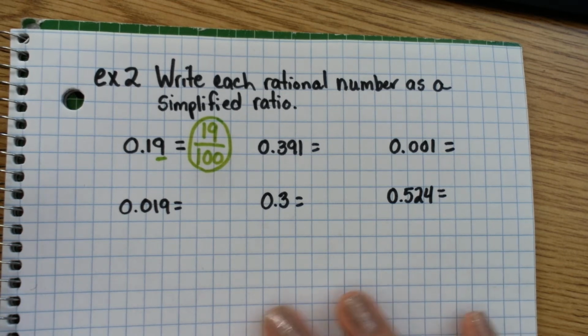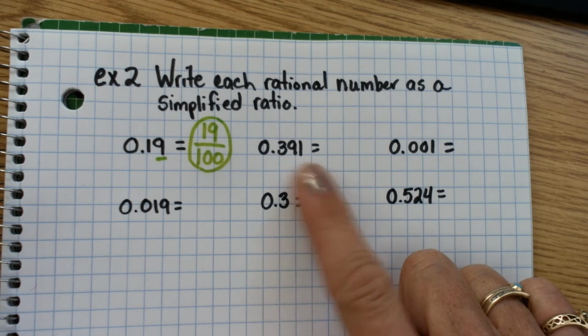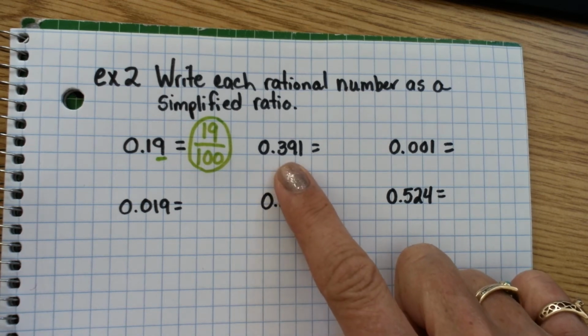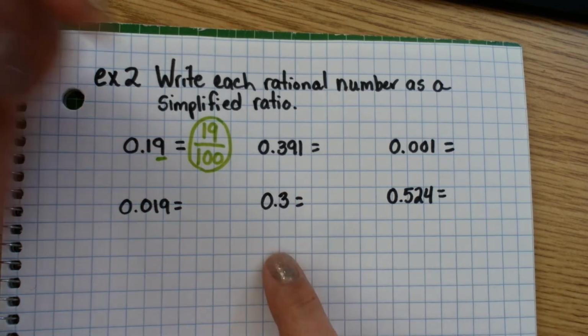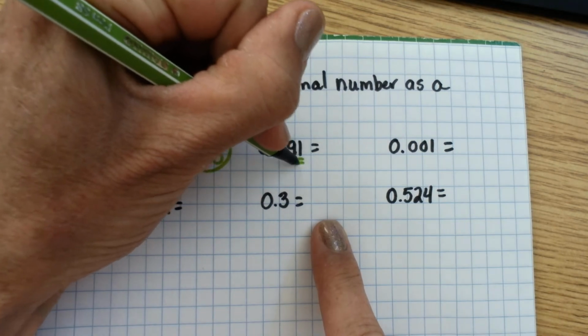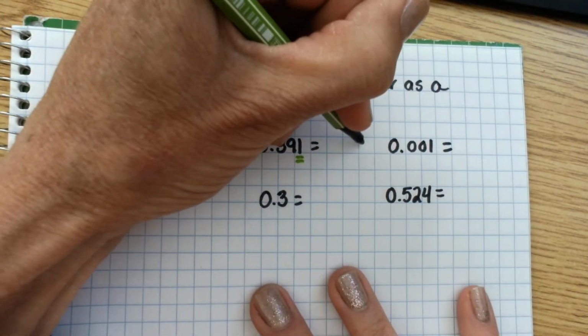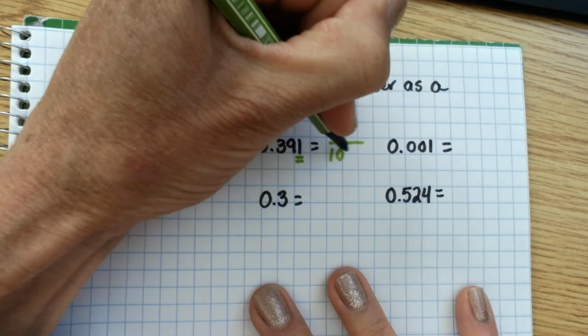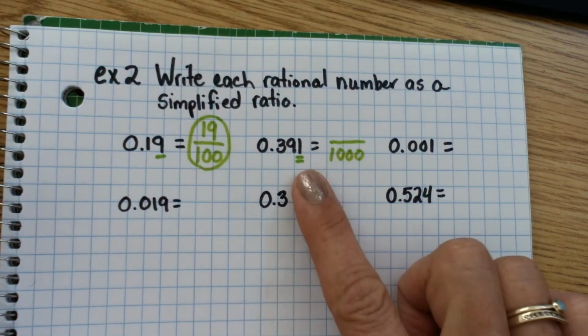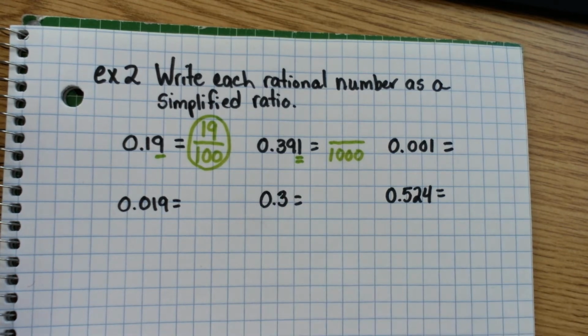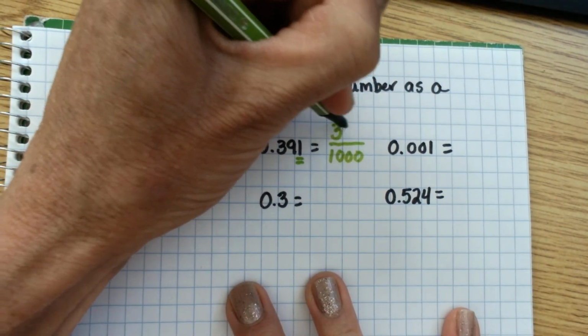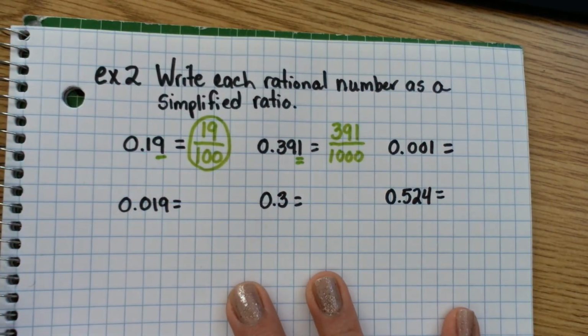Okay. Next, let's move across to 0.391 or 391 thousandths, because the 1 is in the thousandths place. So I know my denominator will be 1,000 because that's the place of the last number, and then my numerator is 391.